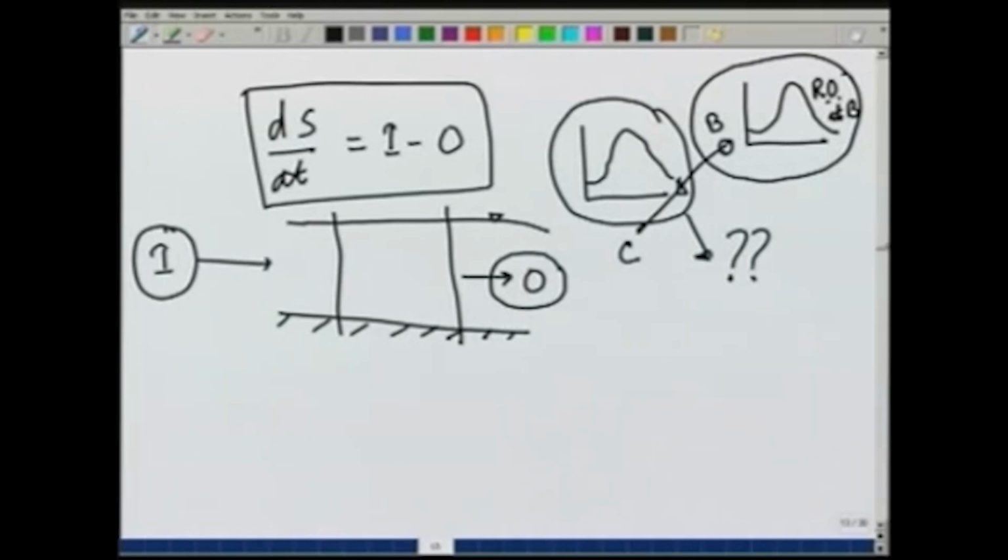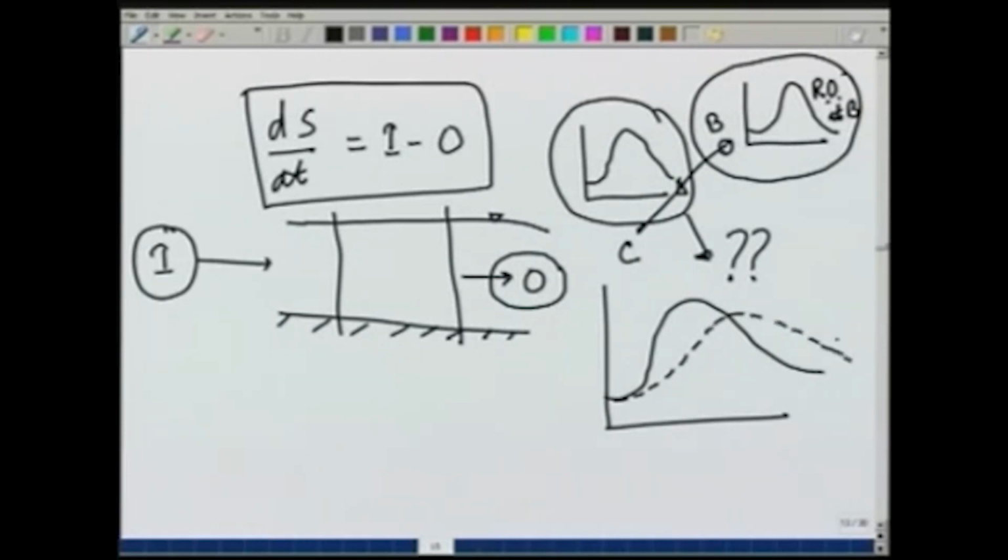How will the outflow at point C look because of this flow at B moving through the channel and reaching point C? Because when the flow is routed through the channel, it will not retain its shape. If the inflow hydrograph is like this, the outflow hydrograph may look like this.